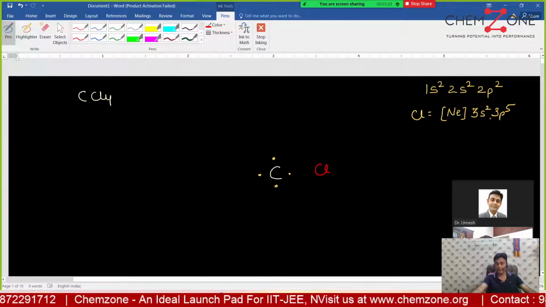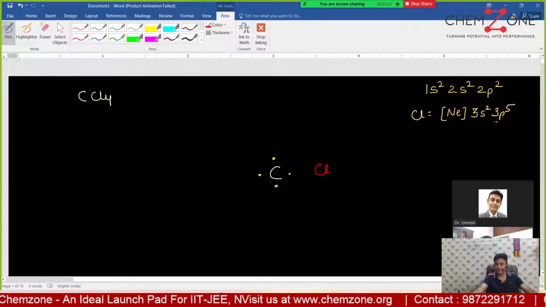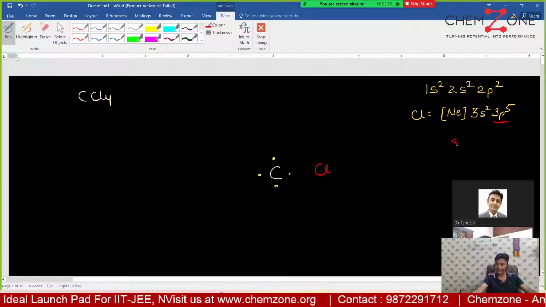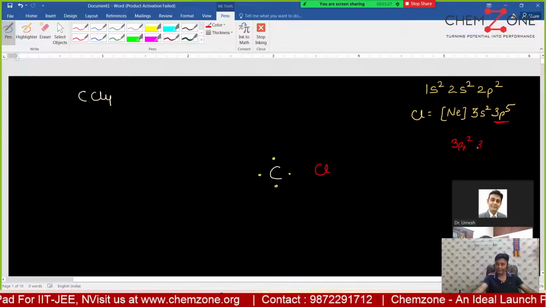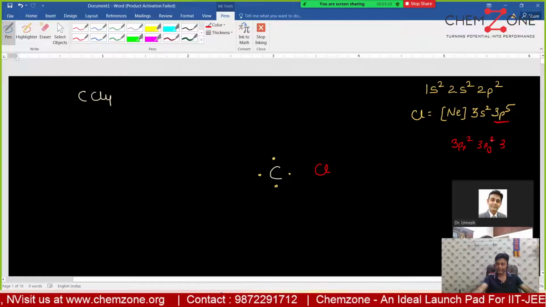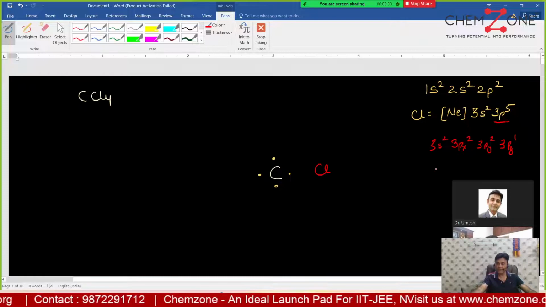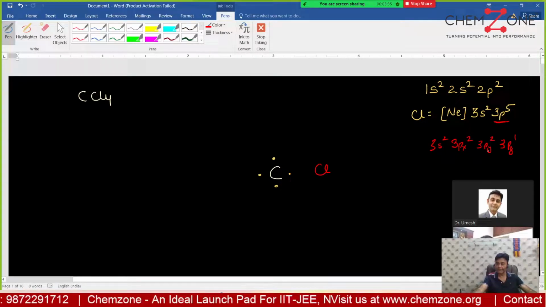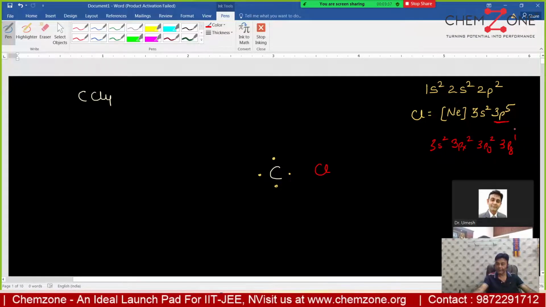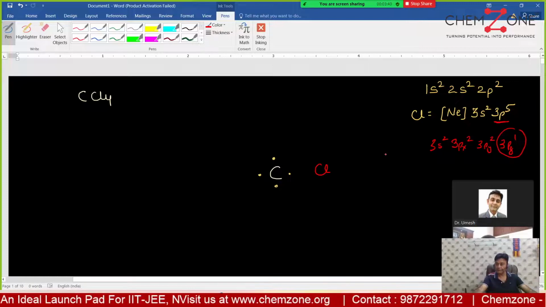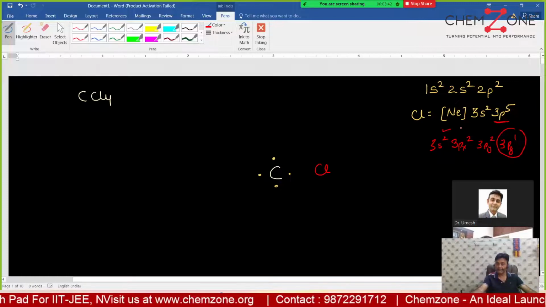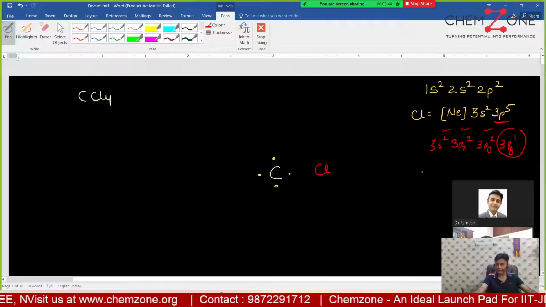If I expand this 3p5, I can write 3px2, 3py2, and 3pz1. It means the outermost shell has 3s2, 3px2, 3py2, 3pz1: one unpaired electron and 3 pairs of paired electrons.